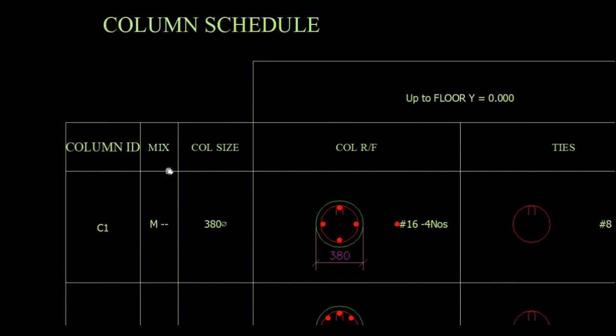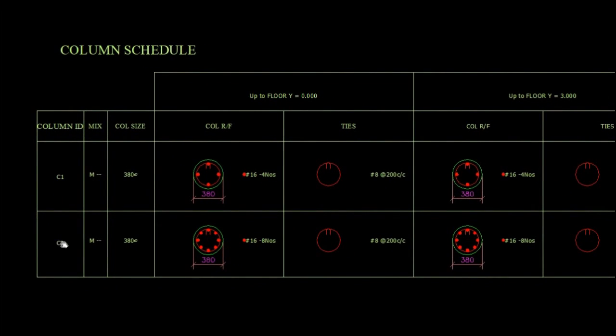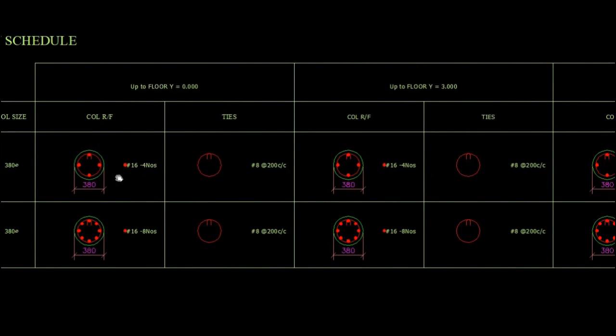This is the column schedule. We assigned C1 and C2, 380 mm dia. For C1 we assigned 4 number 16 dia. C2 we assigned 8 number 16 mm dia. This is up to 0 meter level.